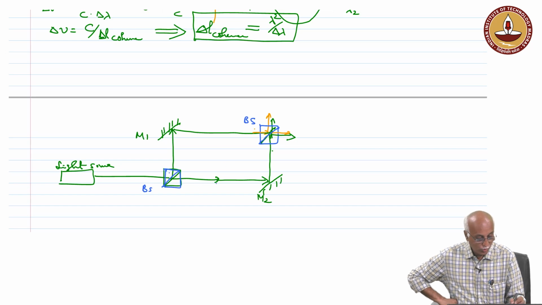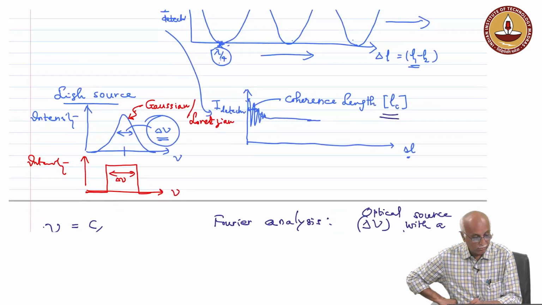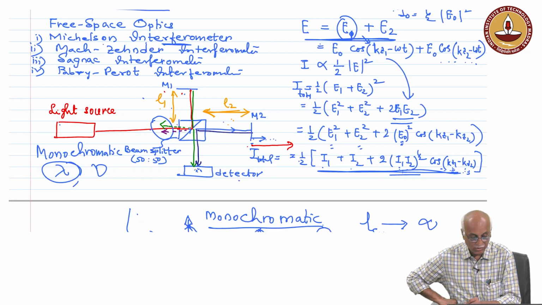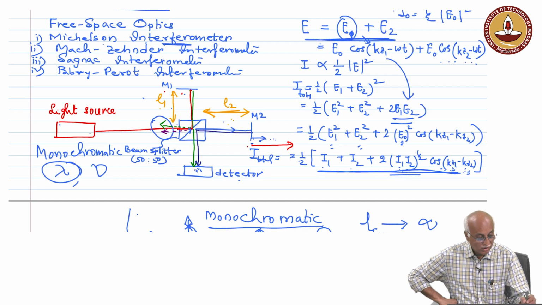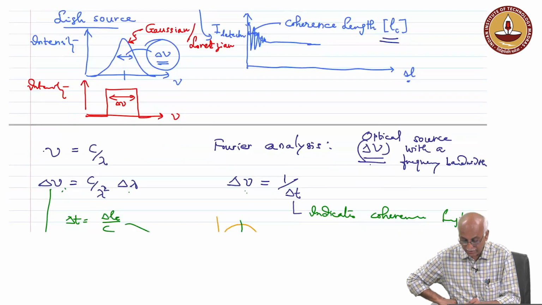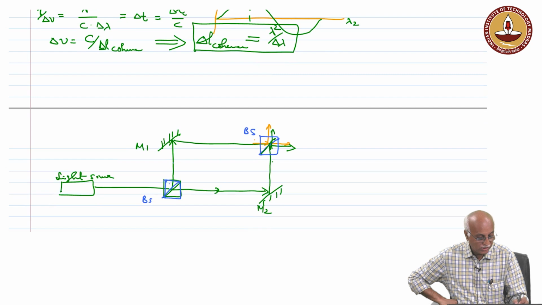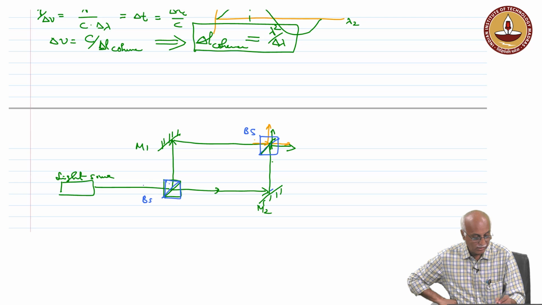Here, in case of Mach-Zehnder, as compared to the Michelson interferometer, the one advantage is that in the Michelson interferometer, the reflected light travels back towards the light source. While of course, part of it will go to the 90-degree port, part of that will get transmitted through the beam splitter and come back. That can be avoided over here, because the reflected light is going outside, it is not coming back.